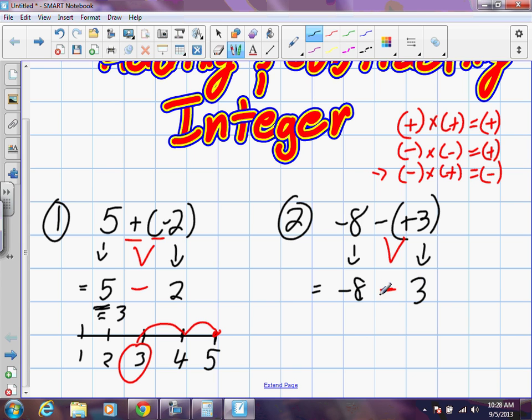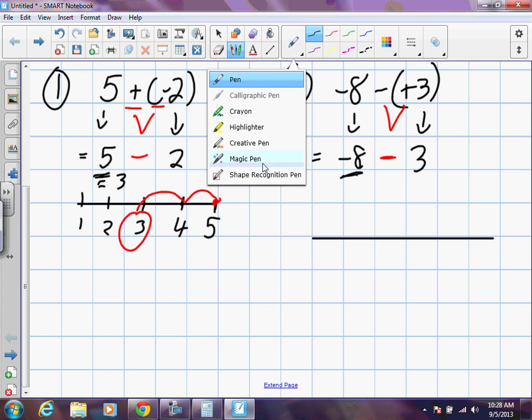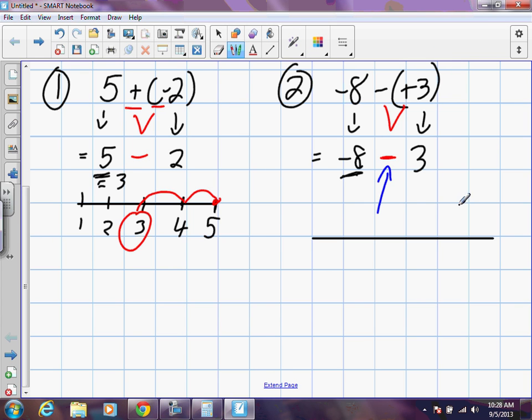You might be able to do it off the top of your head, but if you can't, we can again use a number line to help us. Now this number line, we have to do a little more thinking for. We start at the value of negative 8, and because it's negative again, we're going to be going to the left. So I'm going to start with negative 8 as far right as possible.